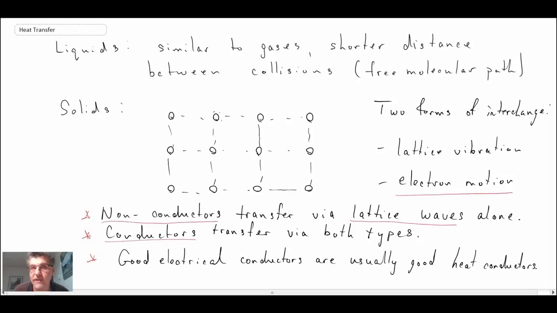Copper is a very good electrical conductor, and it's also a very good heat conductor. Gold, platinum, things like that, are good electrical conductors and usually also good heat conductors. So those are the three different situations we can have for a gas, a liquid, or a solid when we're looking at conduction.